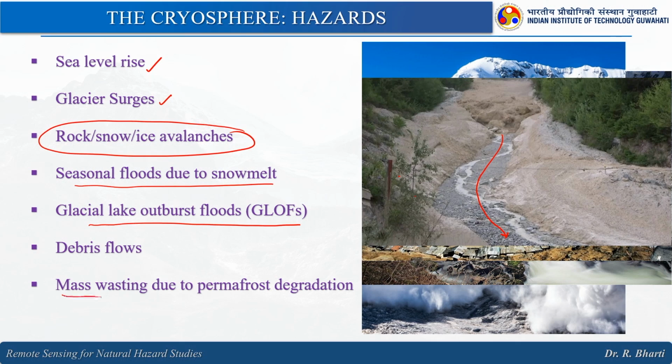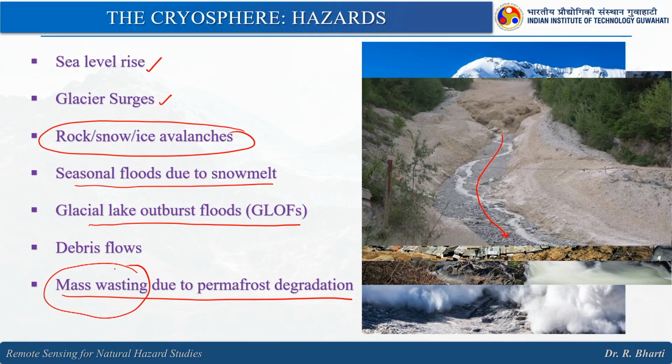Then comes the mass wasting due to permafrost degradation, because with continuous melting of the snow or glacier there is mass wasting. Because of that, these areas are destabilized, right?